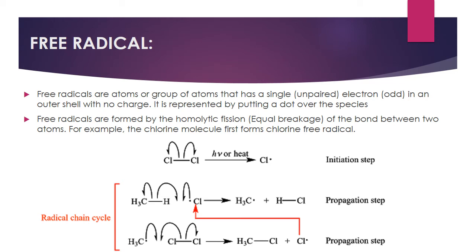This is the initial step for the formation of free radical when an atom wants to participate in another chemical reaction. So first of all, there will be a homolytic fission between the atoms in a molecule. Is it clear?